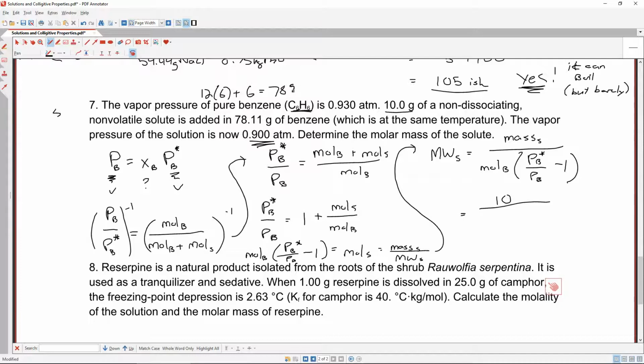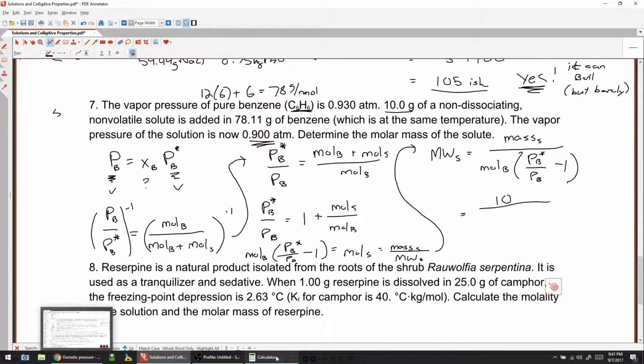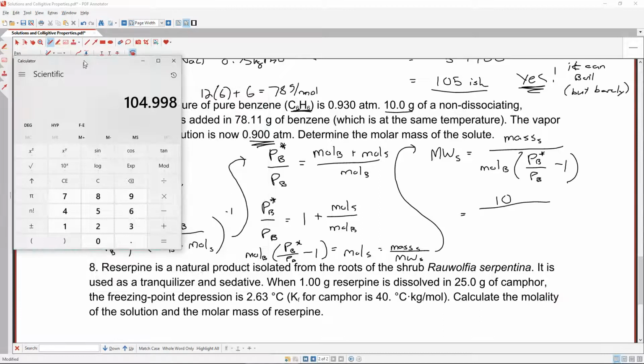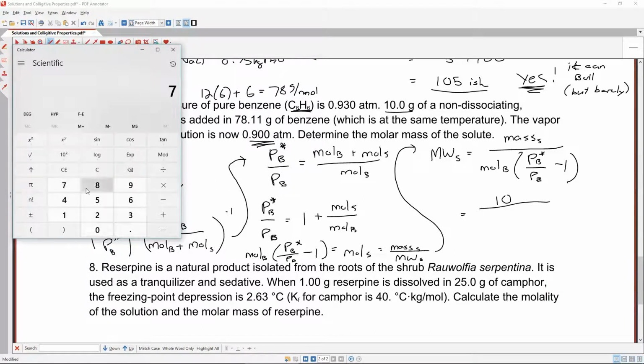So this is grams per mole. We take the mass of benzene that we had, which is 78.11 grams, divide it by 78 grams per mole, and we get approximately 1 mole.